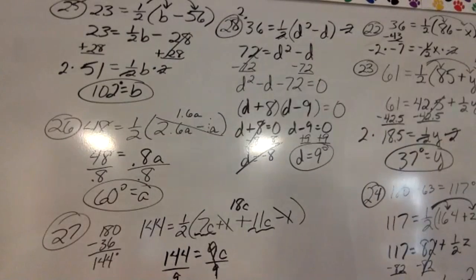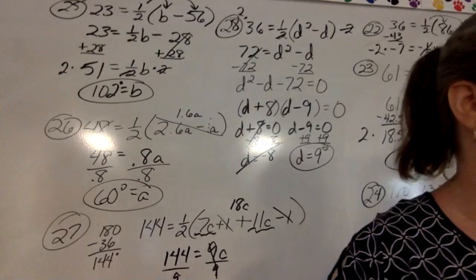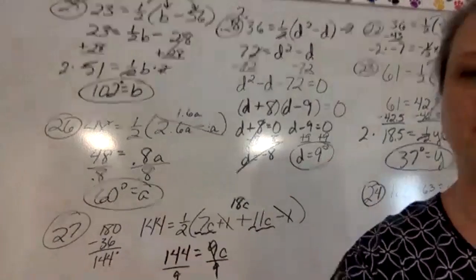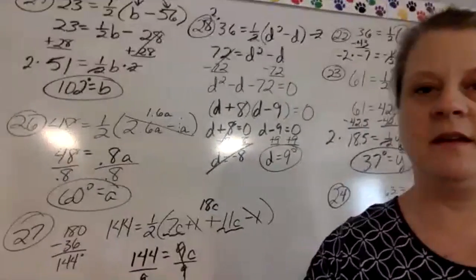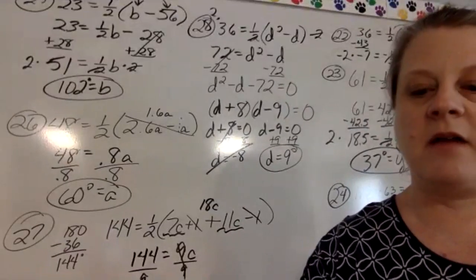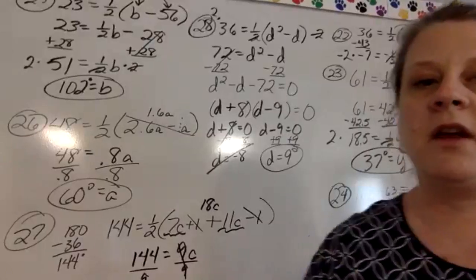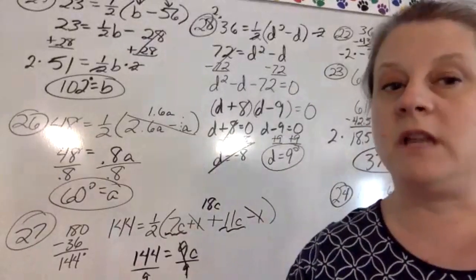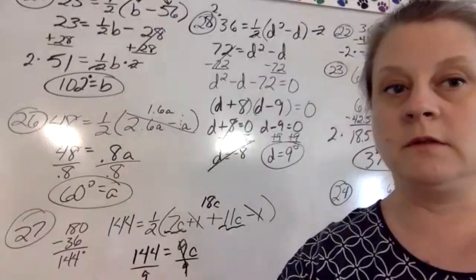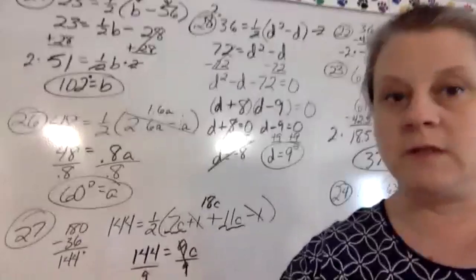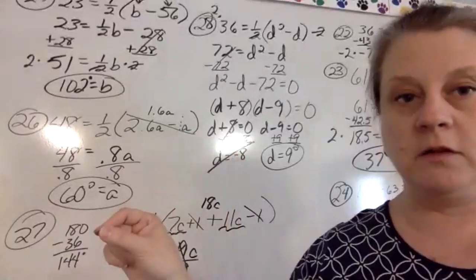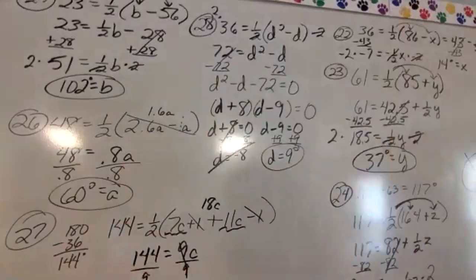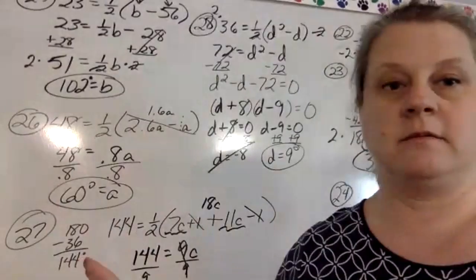Now, we still have 2 more to do, but we'll wait and do those tomorrow because it's already 10 till. Tomorrow, when you come, we're going to finish this. Reviewing, there's a worksheet in that orange folder that says arcs and angles on it, which is basically reviewing everything we've been doing this week.